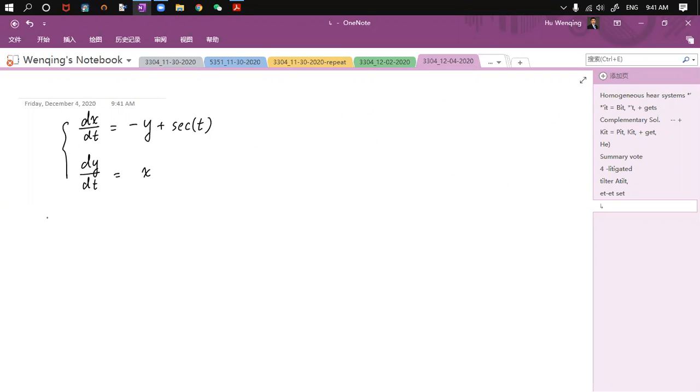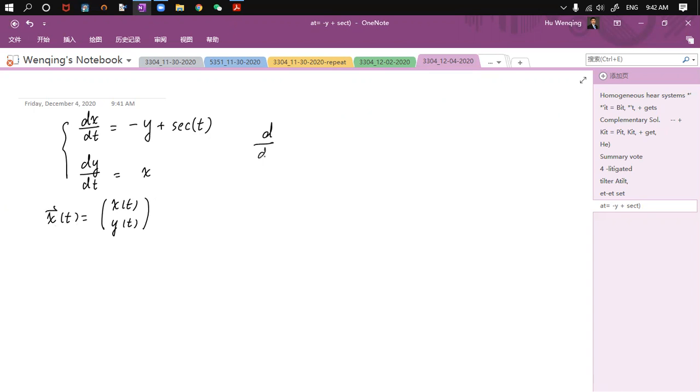Therefore, let me set the vector x of t equal to x(t) and y(t). There are two components, and you must recognize that this vector x is different from the component x. This is just a component, and this is a vector. So how do we write this equation as a system?